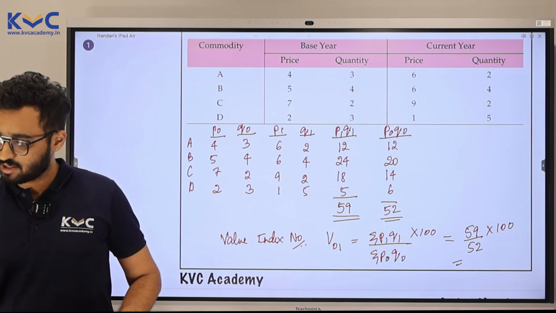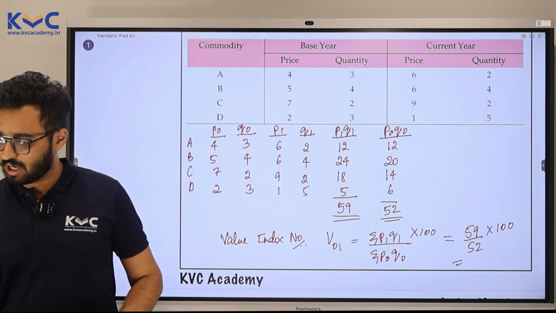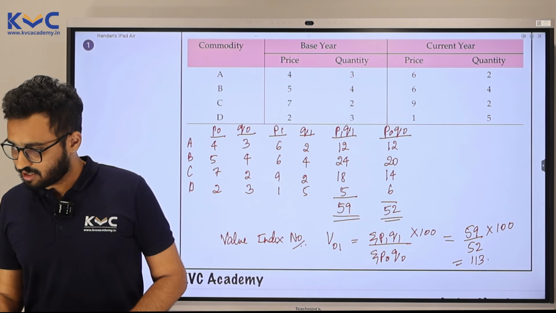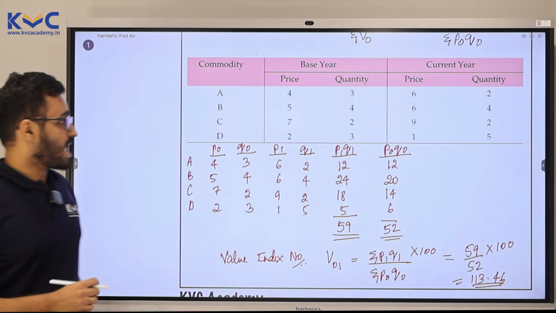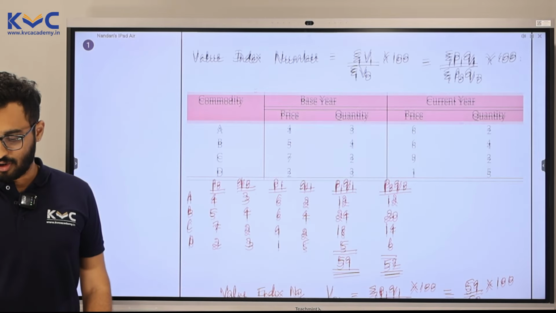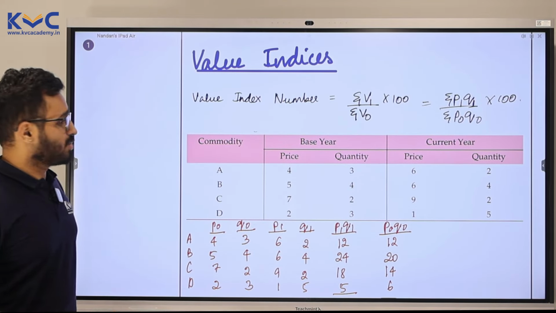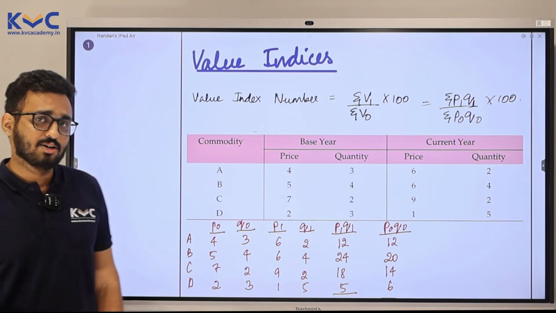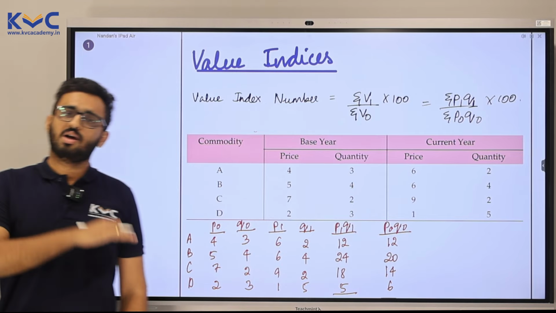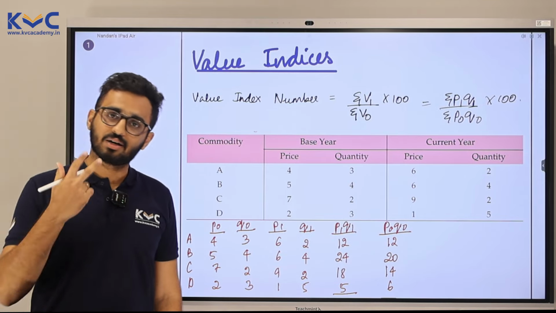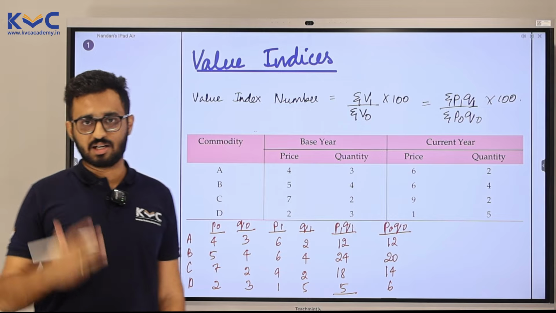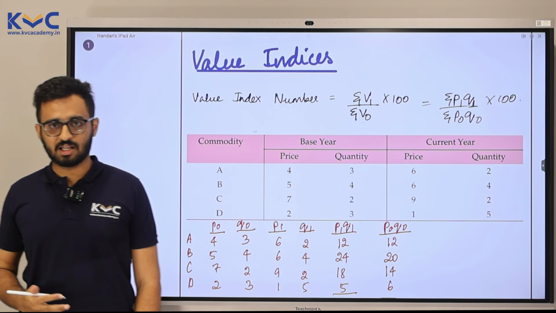The answer is 113.46. So this is the value index number for the question given here. Did you understand? So with that, we have discussed all varieties of price index number, quantity index number, value index number, and chain index number. Is that clear?